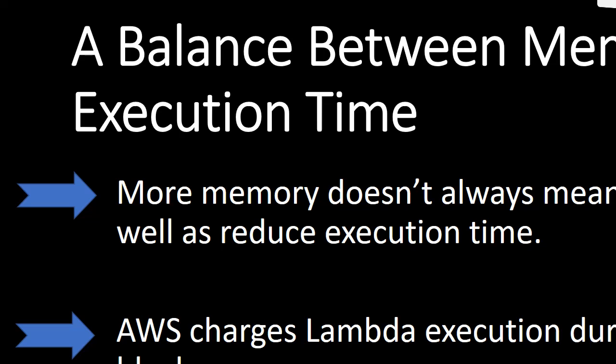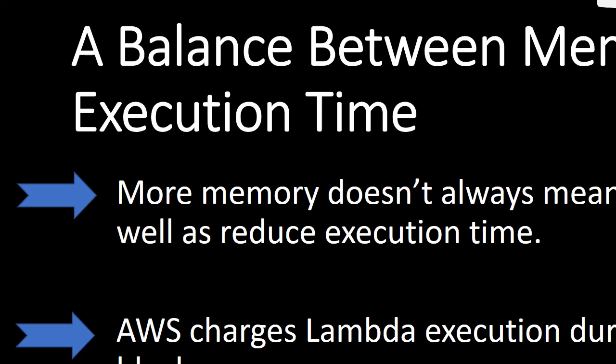First thing we need to understand is that allocating more memory does not always mean that it will be more expensive, nor that it will reduce the execution time. When you are running an application which requires certain memory, if you increase the memory, the CPU allocation will be more and it will reduce your execution time.